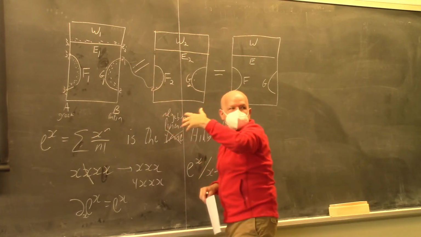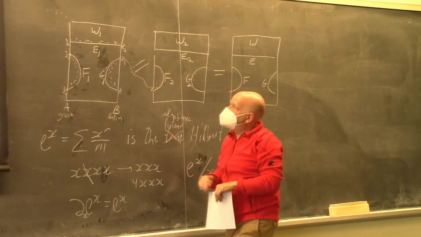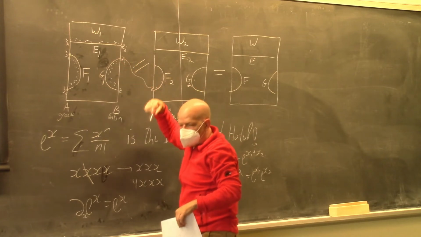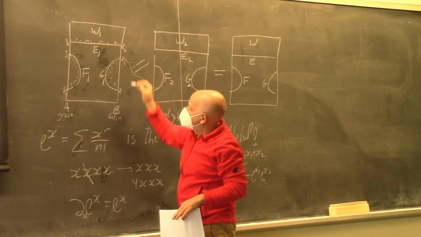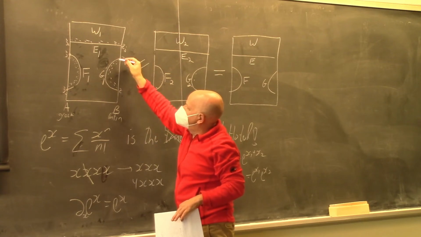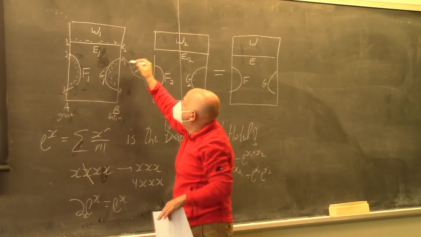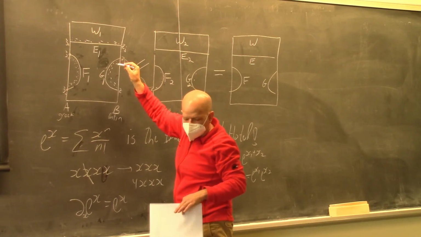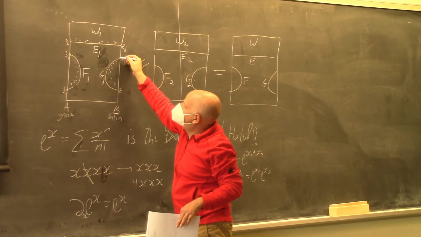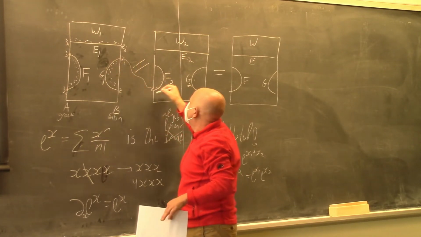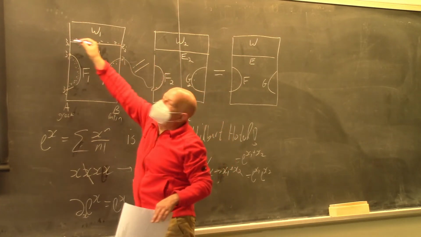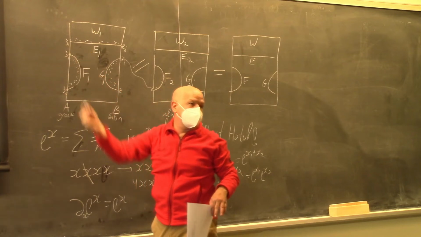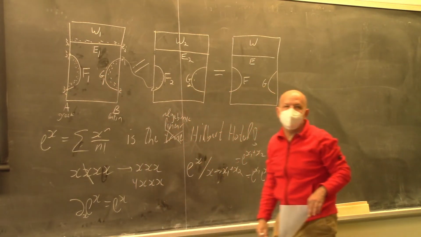So basically what I end up doing is constructing graphs that alternate between doing a G, going through an F, going through another G, going through another F, then going through an E and coming out, or something like that. Okay?